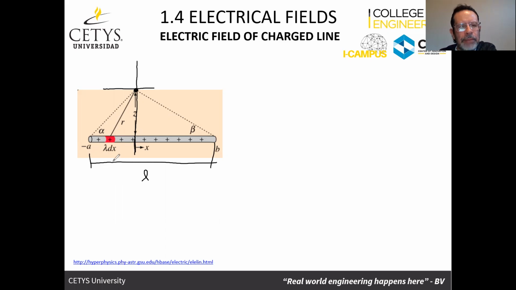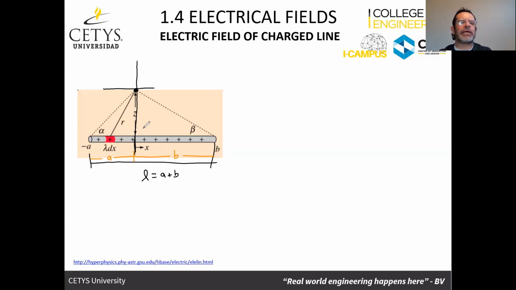And I'm going to say that from that reference point, the distance to the left is going to be called A. And the distance from that reference point to the right, I'm sorry, is going to be called B. And so L is going to be A plus B, which is the total length.